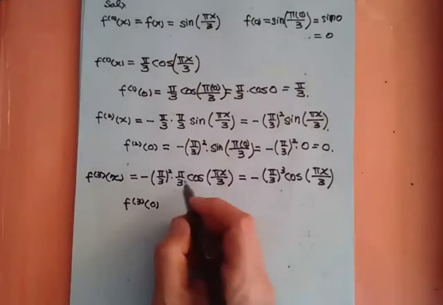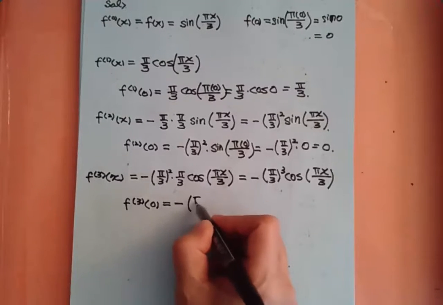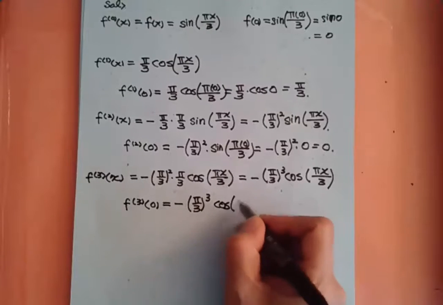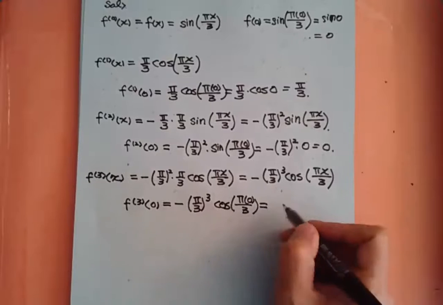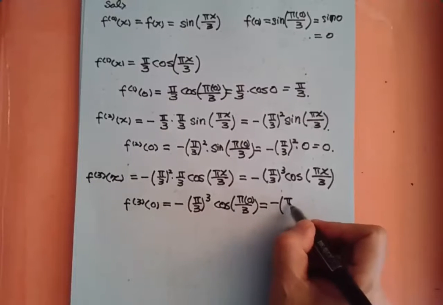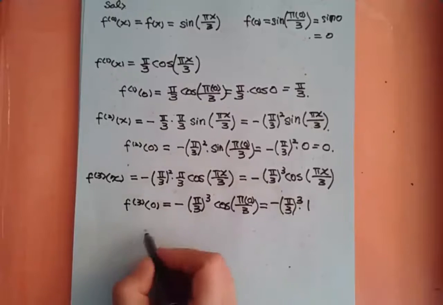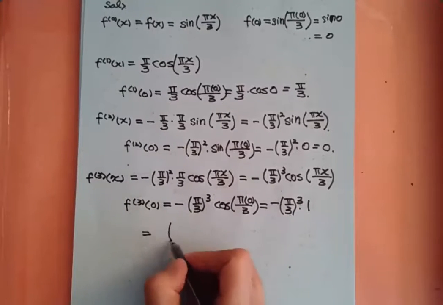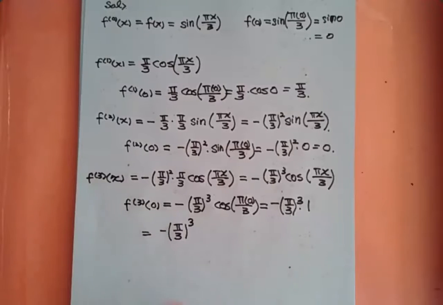The third derivative of f at 0 is minus pi over 3 cubed cosine of pi times 0 over 3, equals minus pi over 3 cubed times 1, because this part equals 0. So that is minus pi over 3 cubed.